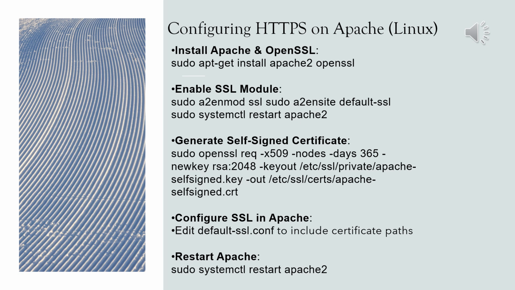And then you want to generate a self-signed certificate. In order to do this, you want to use this code as you see on the screen right here. Now to configure SSL in Apache, always edit default-ssl and use this code right here, the SSL configuration, to include certificate paths. And to restart Apache, I always use this code right here.